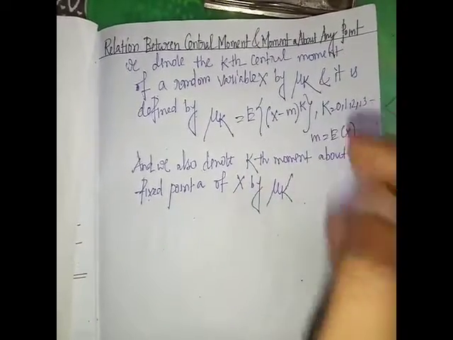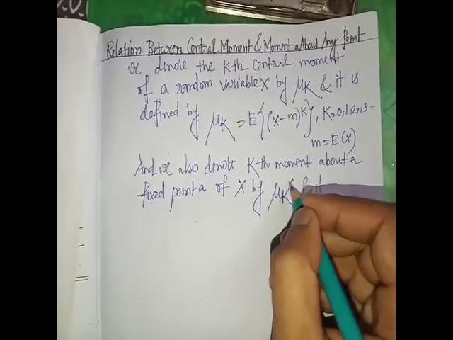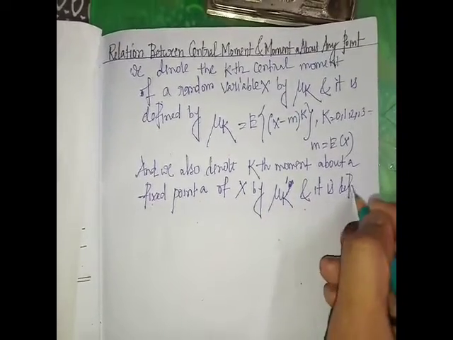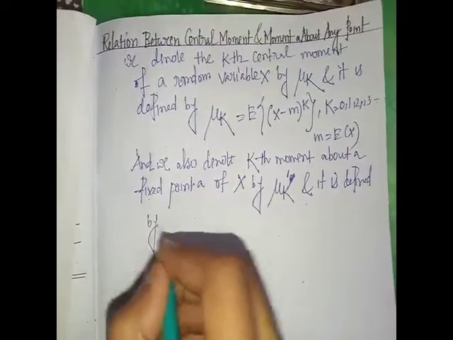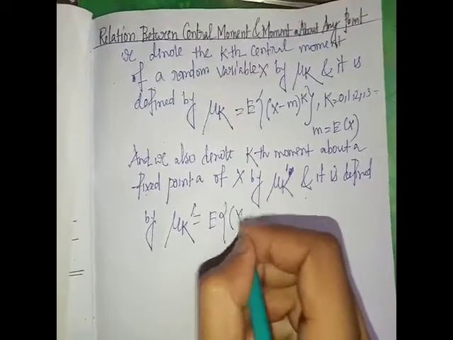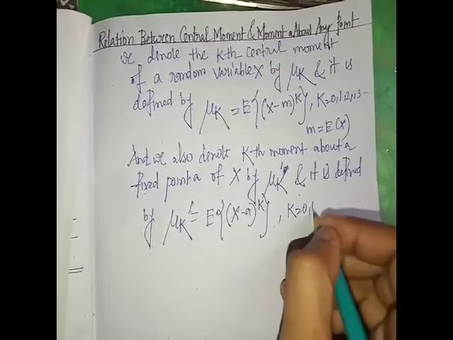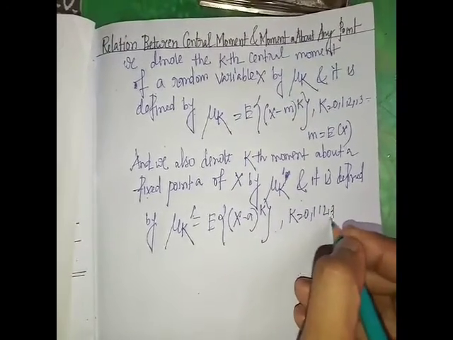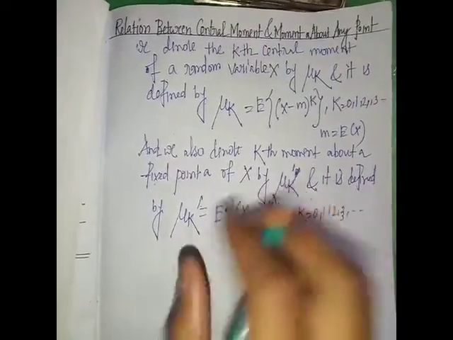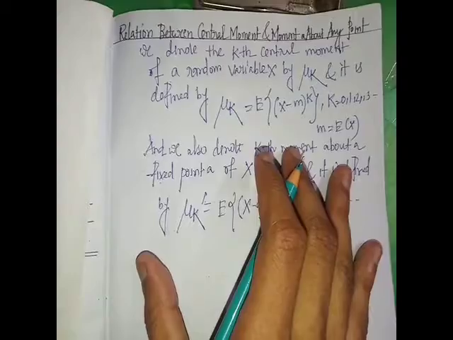Let mu k dash be the kth moment about a fixed point a, and it is defined by mu k dash equal to expectation of (x minus a) whole to the power k, where k equal to 0, 1, 2, 3, and so on.